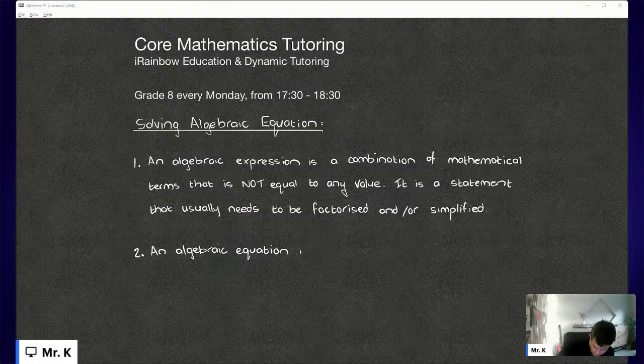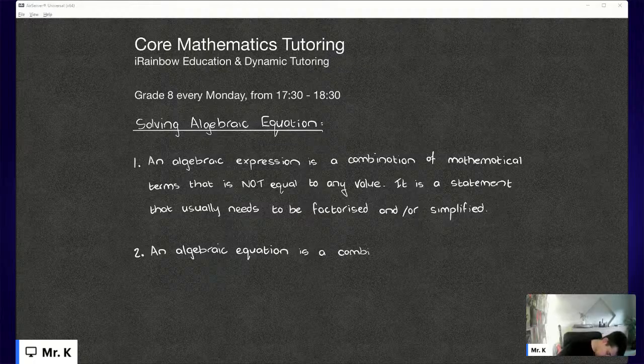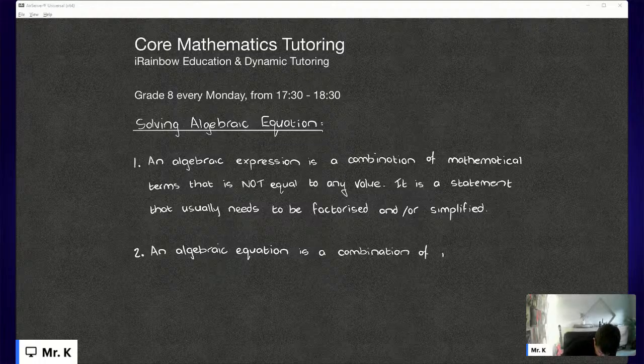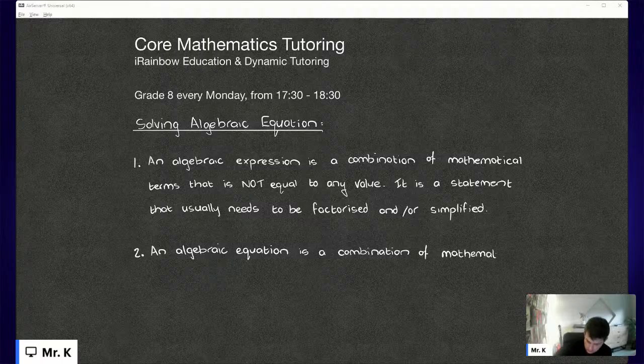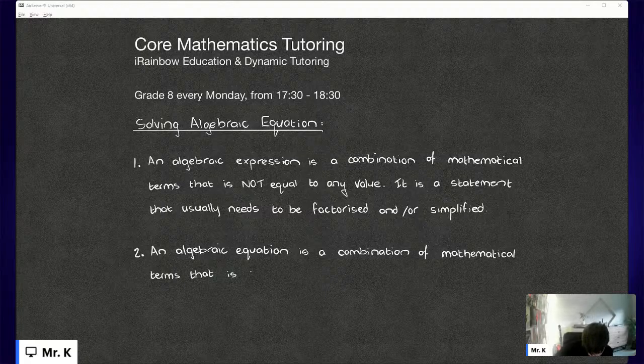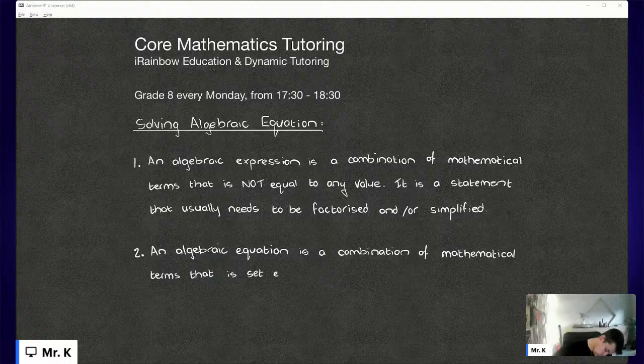An algebraic equation is also a combination of mathematical terms that is set equal to some or other algebraic or some or other value, right?